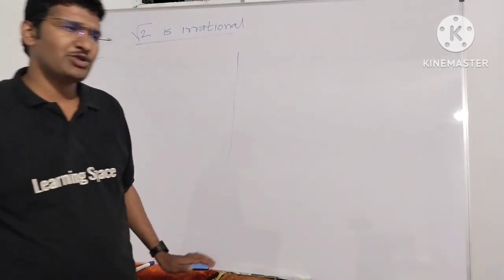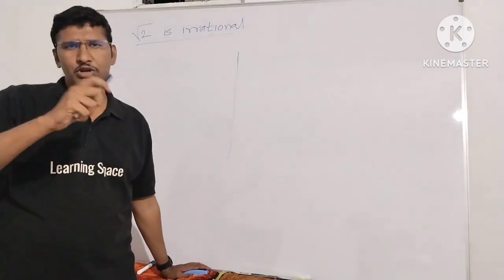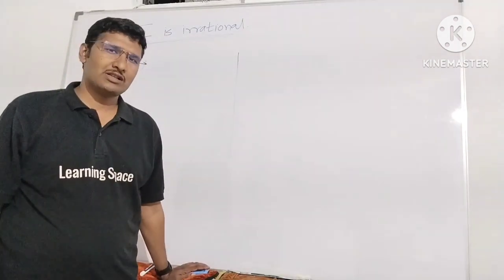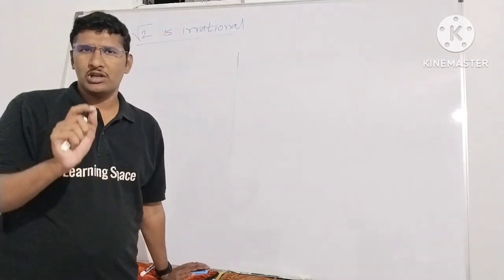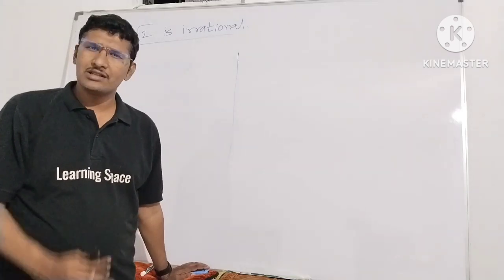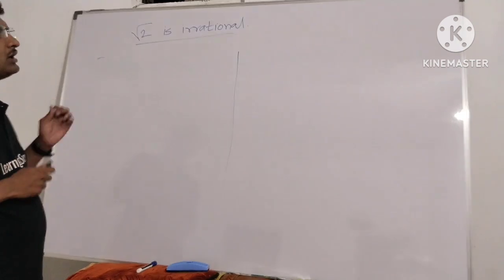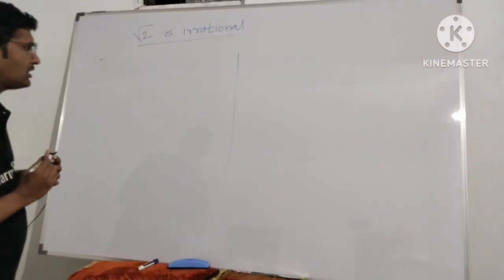I often tell my students, a person who is not regular is called an irregular person. Suppose a person is not responsible, he is irresponsible. Similarly, a number which is not rational is irrational.